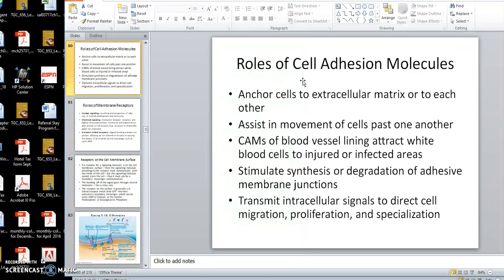What they do, they anchor cells to the extracellular matrix. They also assist in movement because they can move around and assist the cell by grabbing onto this environment to help it move within the tissues. So we will be talking more as time goes on about molecules that adhere the cell to the surrounding environment outside the cell, CAMs.